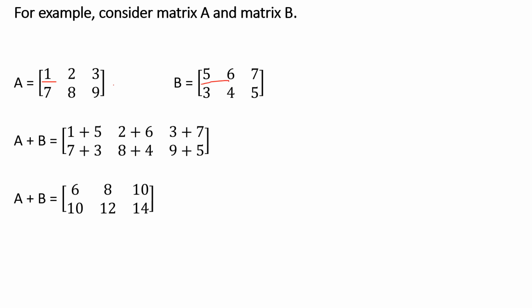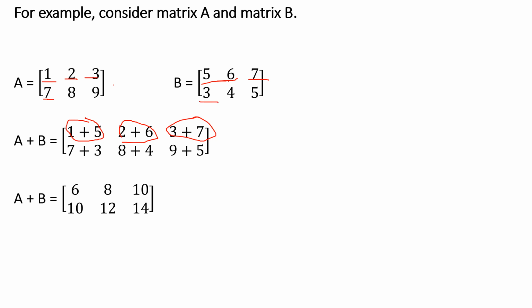I only add those two together, and that's 1 plus 5 is 6. Here's row 1, column 2. That's a 2. This one is 6. 2 plus 6 is 8. Row 1, column 3. Over here is 3. Row 1, column 3 is 7. 3 plus 7. In my second row, I've got column 1, 7.